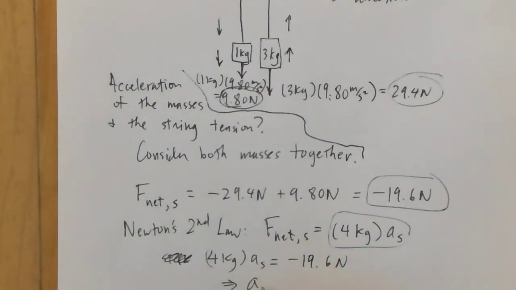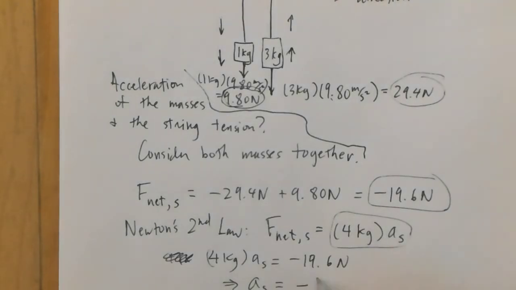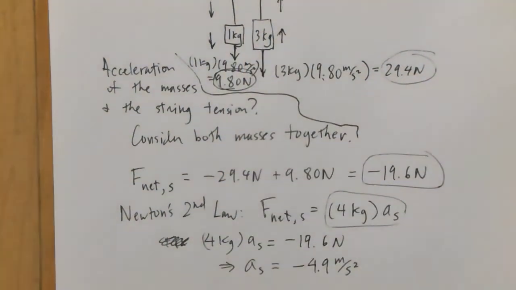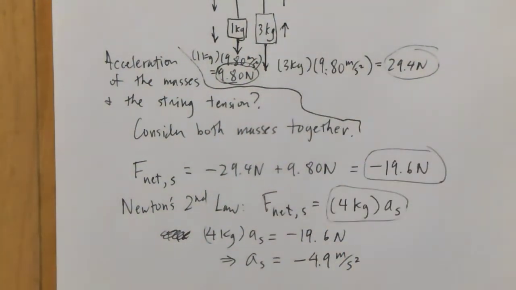And so A_S is equal to negative 19.6 divided by 4, which is negative 4.9 meters per second squared. Okay, so the minus sign tells me that the 3 kilogram mass is accelerating downwards, which we kind of expected.